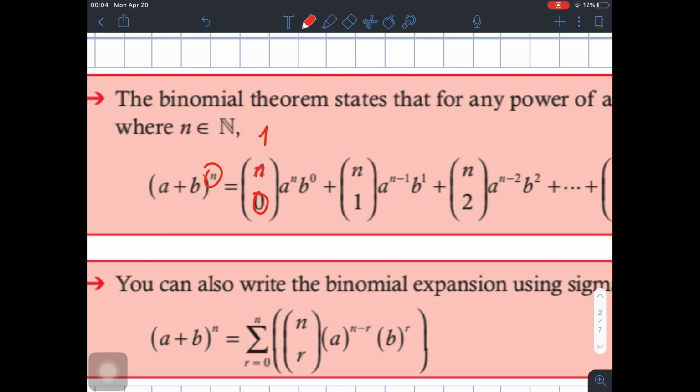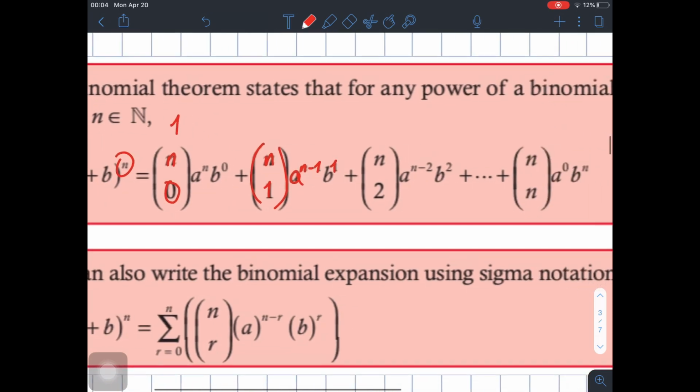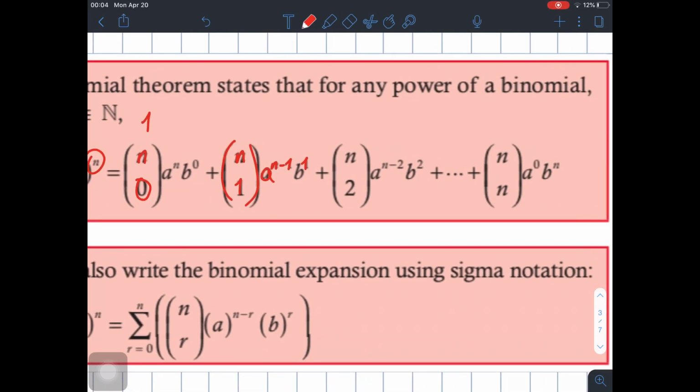Then the second term would be the combination of n taken by 1, of a decreases in one exponent, so n minus 1 would be the new exponent, right? N minus 1, while b, instead of being 0, now increases to 1. And then we keep on doing this.